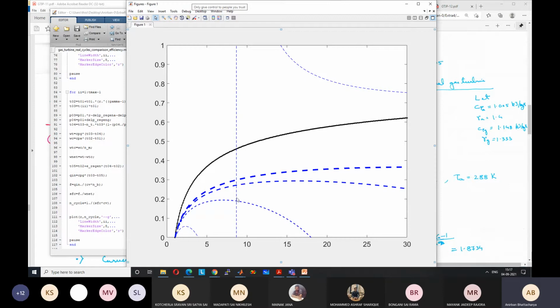Okay, but for smaller value of temperature ratio, the work output from the turbine is very small. I hope you are understanding this. Please ask me a question if you don't understand. Okay, so we have to use logic to find out all these relations. So for lower temperature at the turbine inlet, the temperature range of the turbine, meaning the change in temperature in the turbine for work output, will be less.